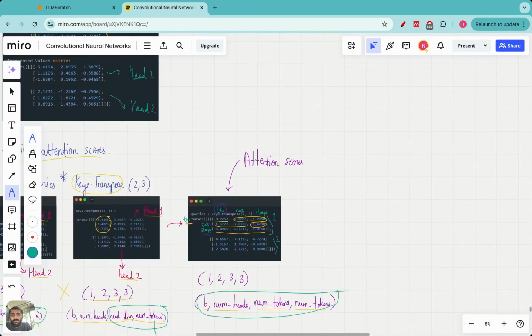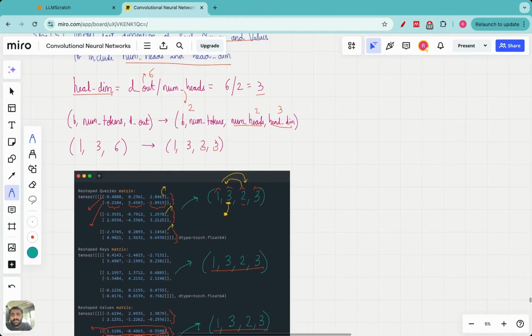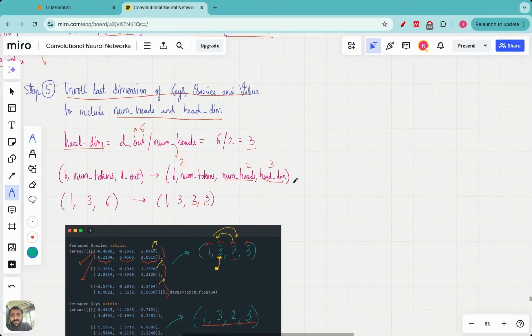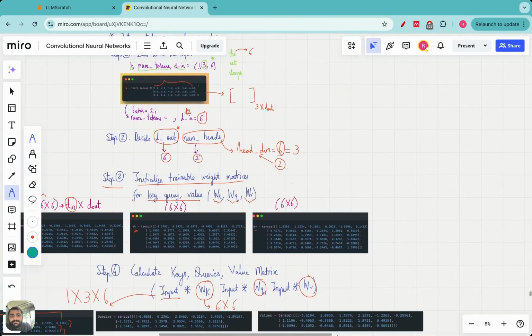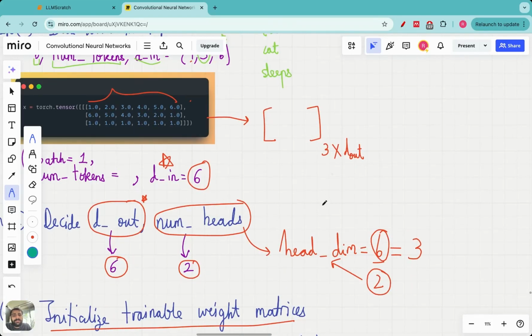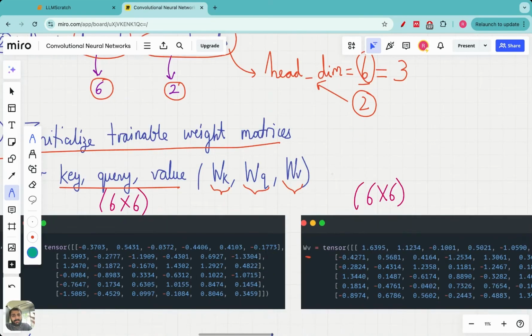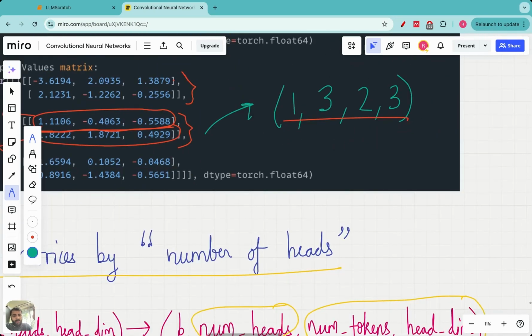If you look at the goal which we had when we started this lecture, the goal was that the resultant context vector matrix should have d out as the dimension. So we should again pull back the head dimension and the number of heads together, so that we can get the resultant matrix which has the d out dimension preserved.